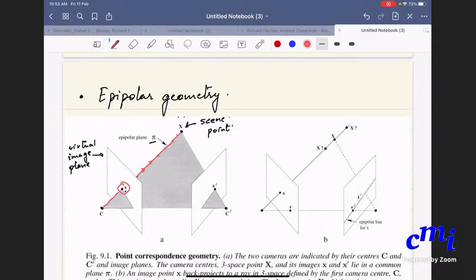If I'm viewing capital X, the actual scene point, through the other camera, I get small x prime. When I view another point on this ray, it is going to get projected onto this image plane at some other point, right?